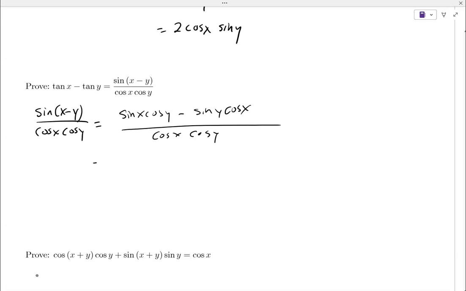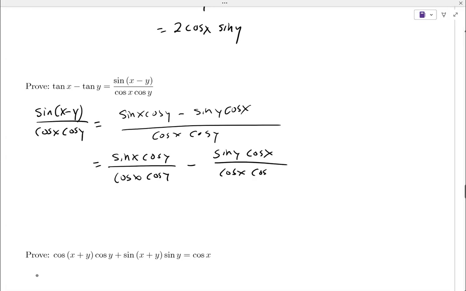We can rewrite this as sine x cosine y over cosine x cosine y, and then minus sine y cosine x over cosine x cosine y. It's the result of getting common denominators, right? Basically, we're just breaking it back apart again.